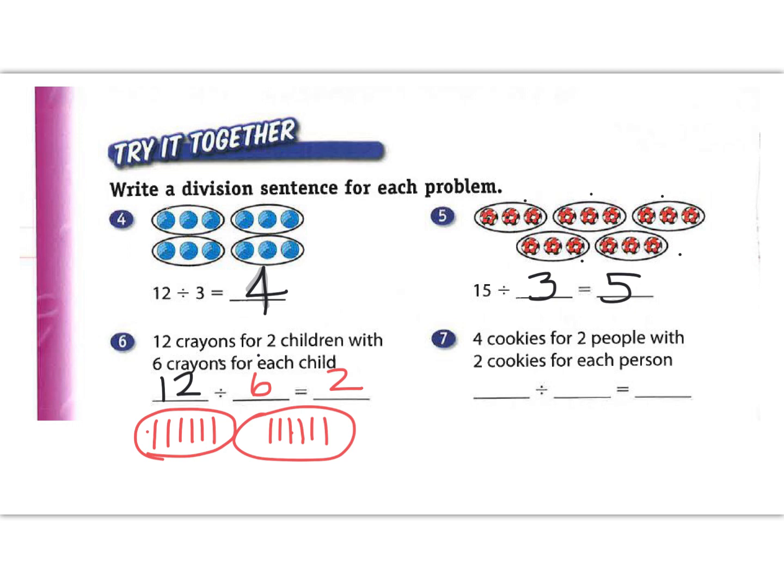Number 7, 4 cookies for 2 people with 2 cookies for each person. We have 4 cookies total, and 2 cookies for each person. So if we have 4 total divided by 2, we get 2. So there are 2 cookies and then 1, 2 groups.